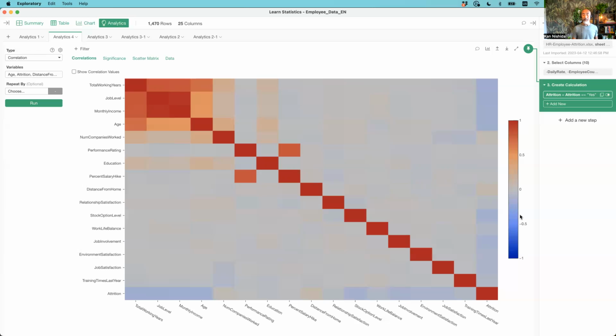The closer to -1, the more negative the relationship, shown in blue. So when you see this bluish color, that means a negative relationship. For example, attrition and total working years is a small number, but it's -0.17, a negative relationship.